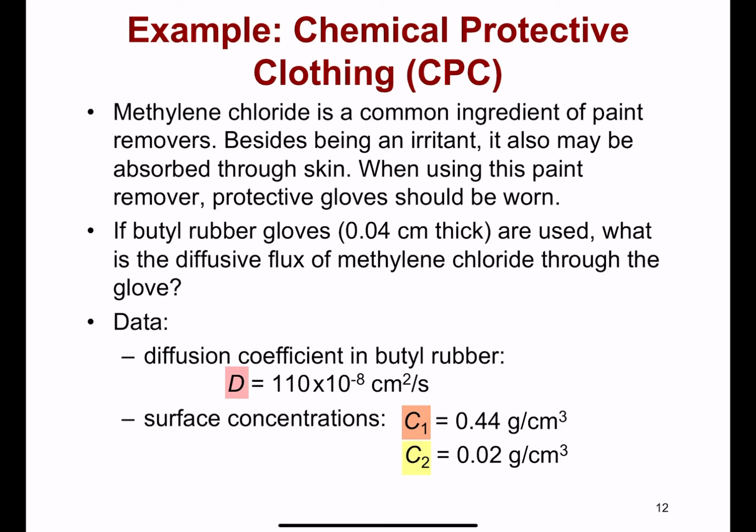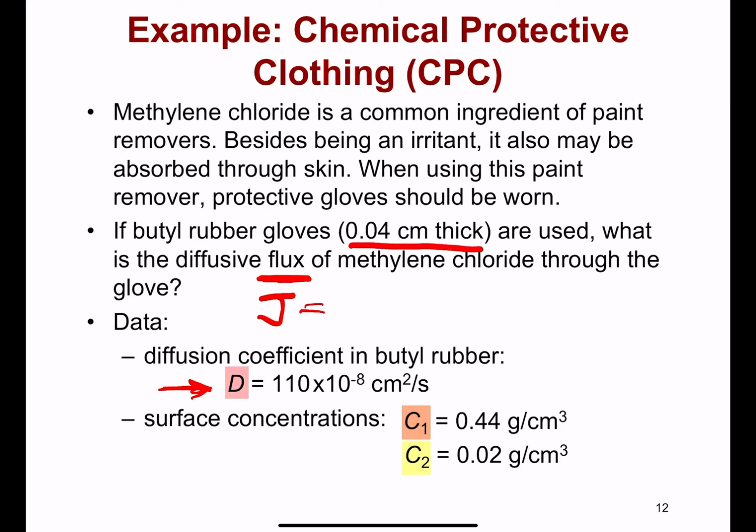And if we knew the diffusion constant for butyl rubber and methylene chloride, which would be looked up or provided, we could ask an additional question. If the butyl gloves are such and such thick, what is the diffusive flux? So we are asking what is J of methylene chloride through this glove of this thickness.